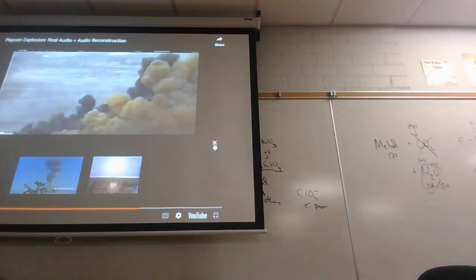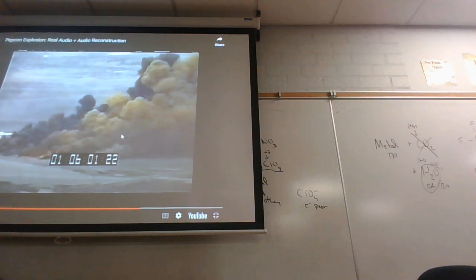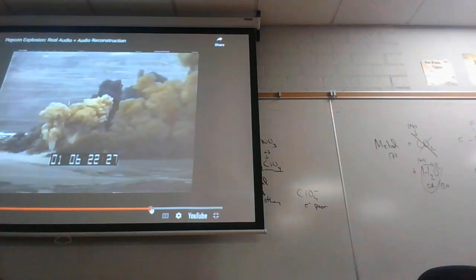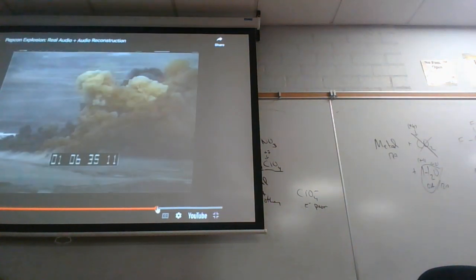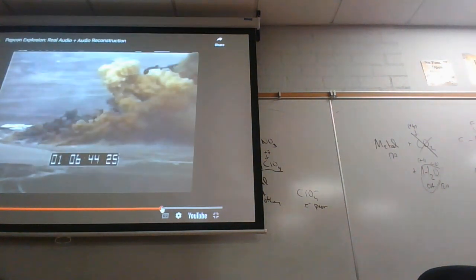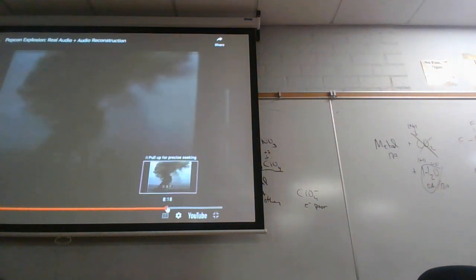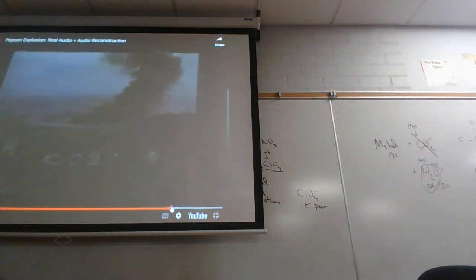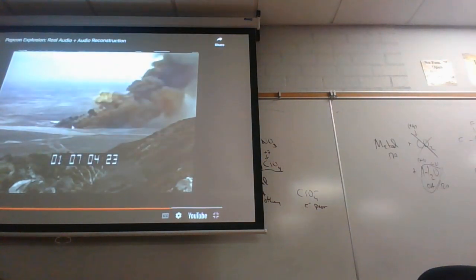So one of the students this morning was curious why there were 3 different colors of smoke coming off here. You see that? So the black is basically the carbon.